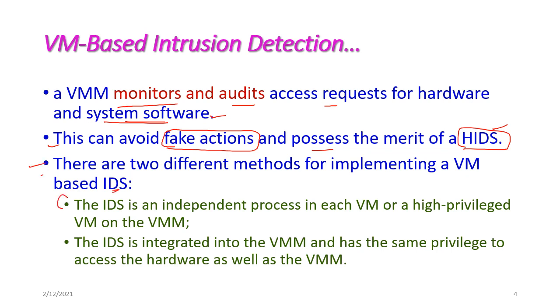The first one is that the IDS is an independent process in each virtual machine, or in a high privileged virtual machine on the virtual machine monitor, and this virtual machine will act as a management virtual machine. Otherwise, the second one is that the IDS, that is intrusion detection system, is integrated into the virtual machine monitor itself, and it has the same privilege to access the hardware as the virtual machine monitor.